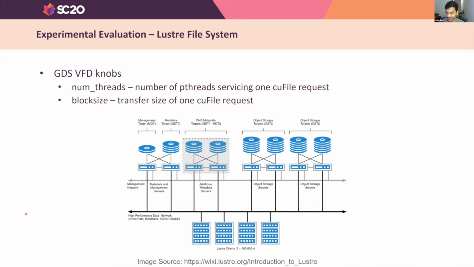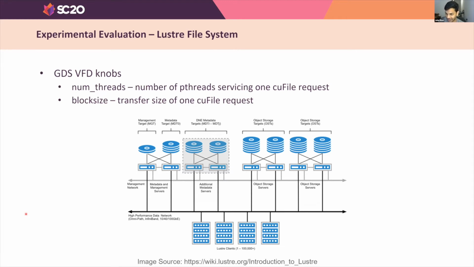So the idea is that you can service each IO request and take advantage of the multiple storage devices in a Lustre file system, and do the IO requests concurrently, faster.